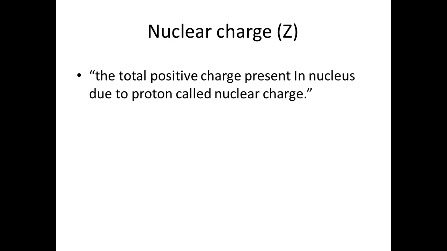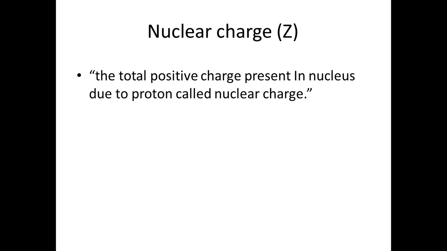So to maintain the stability of the atom, to keep electrons continuously moving around the nucleus, we require this nuclear charge. Nuclear charge is basically an attractive force exerted by the nucleus on the electrons present in the outermost shell of an atom.